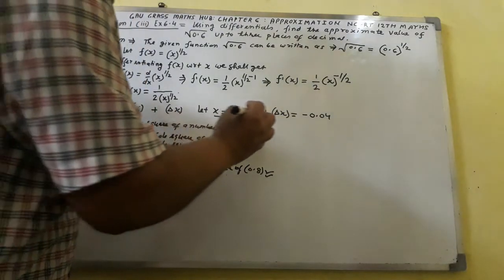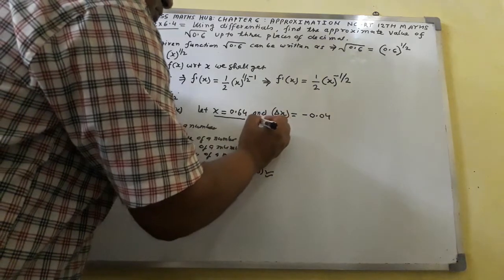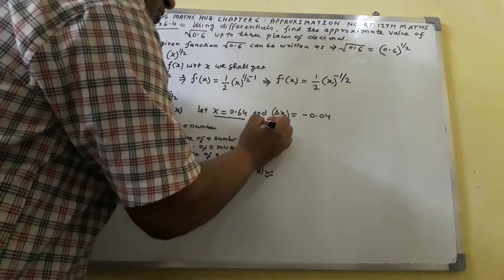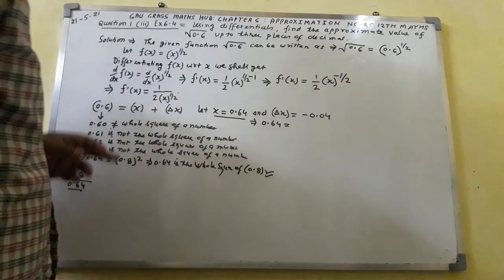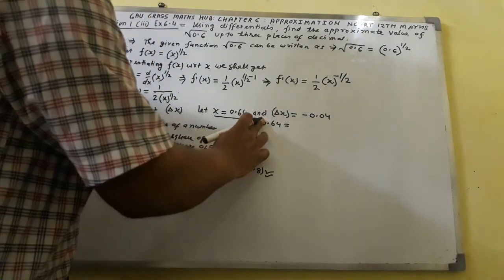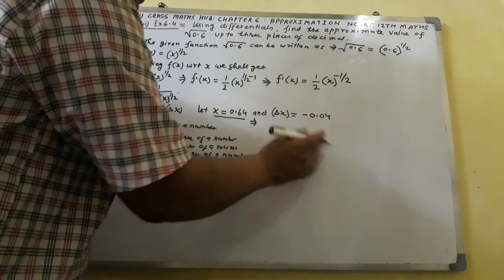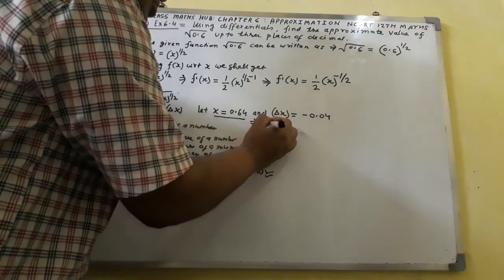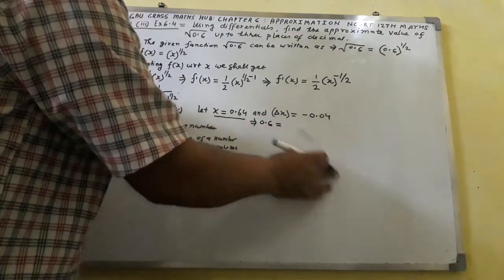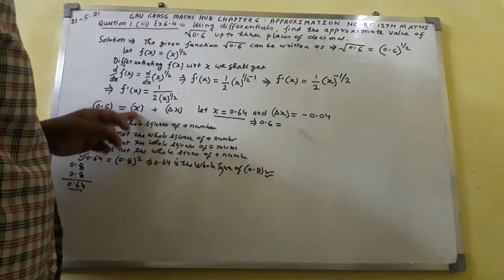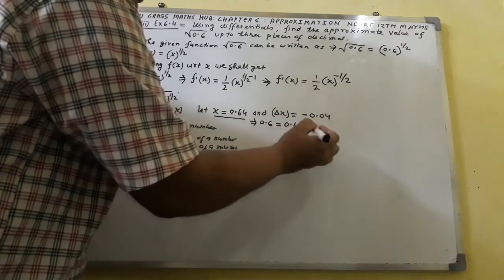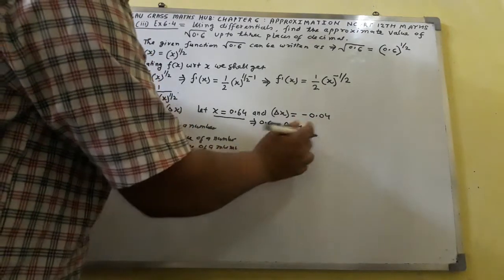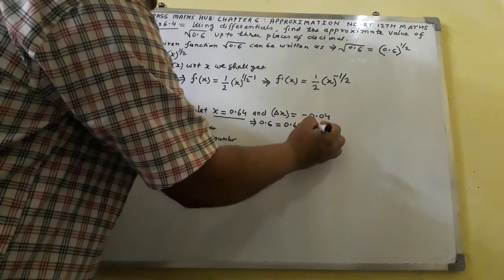So here if you put, implied that 0.6 equal to, the value of x I shall put here 0.64, plus delta x.